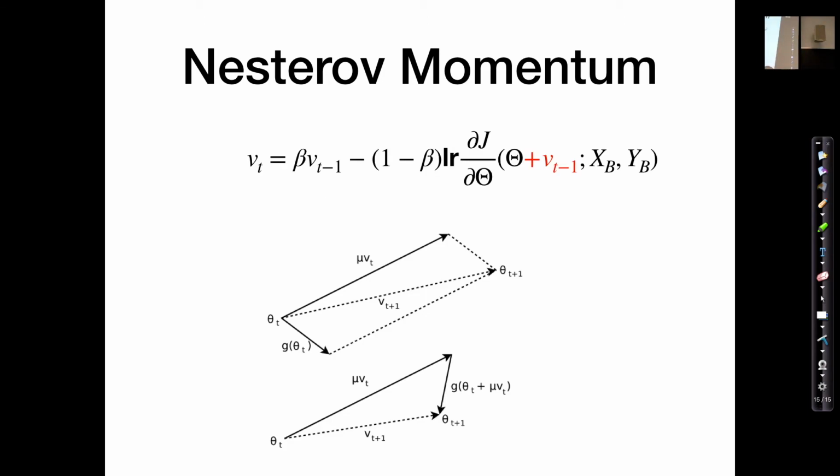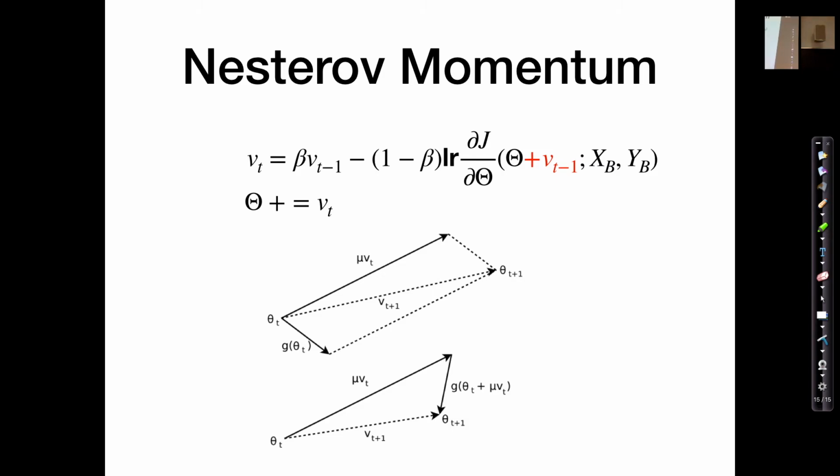The Nesterov momentum says instead of calculating this at theta, calculate at theta plus the old velocity. That is the difference. And then the theta is adjusted by vt in the second step. Shouldn't that be the gradient also like this? So conceptually, this is what is happening. How we're practically doing it, right?